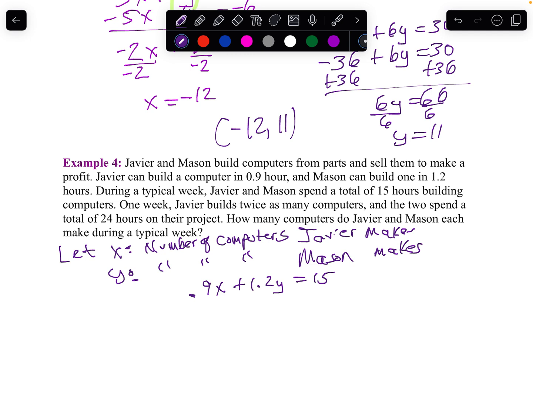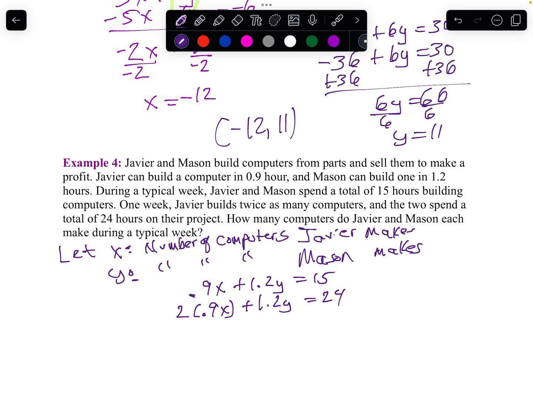We're looking for the number of computers. Now, during week 2, Javier makes twice as many computers. So I'll say 2 times 0.9x. Mason continues to work 1.2 hours to make each computer, and they spend 24 hours working.